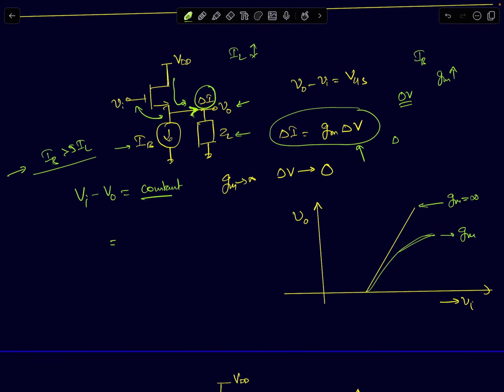So your delta V equals delta I upon GM. As your GM tends to infinity, even if your delta I is finite, I can push delta V to 0. So that's what I'm doing.